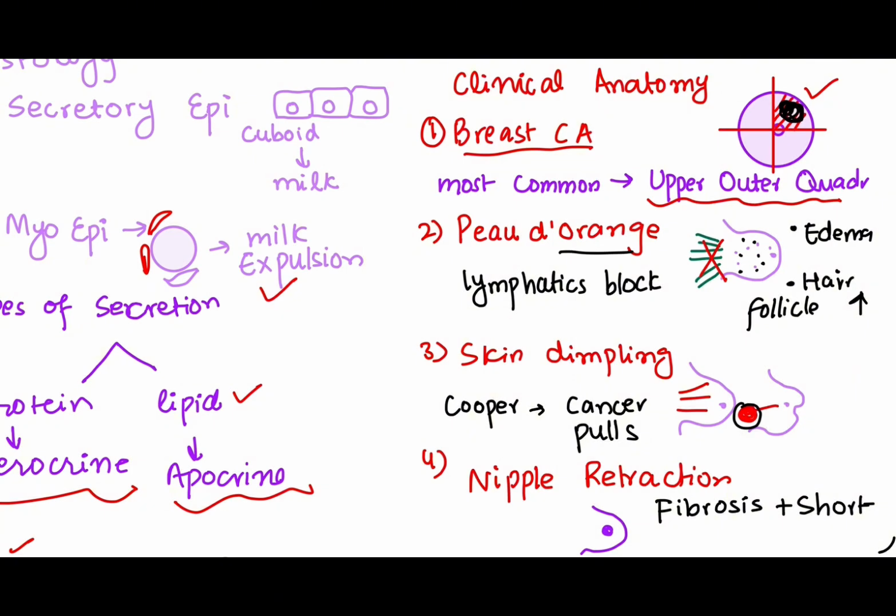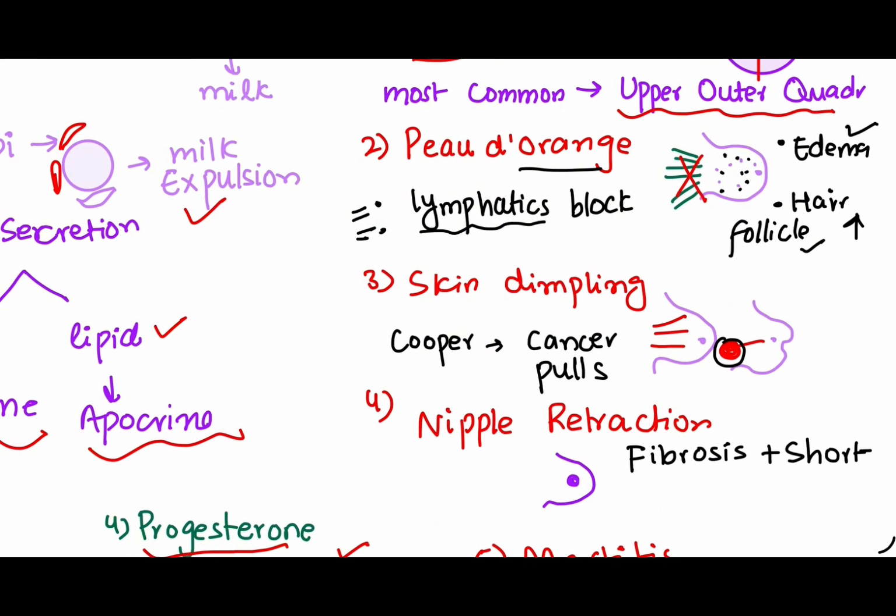And why is it so? Because whenever your lymphatics are blocked, it's going to cause edema. So edema causes the pitting, and there are also some hair follicles that get more prominent, so that's called the pitting and giving an orange appearance. Then there is something called skin dimpling, and I have told you that we are going to discuss it next.